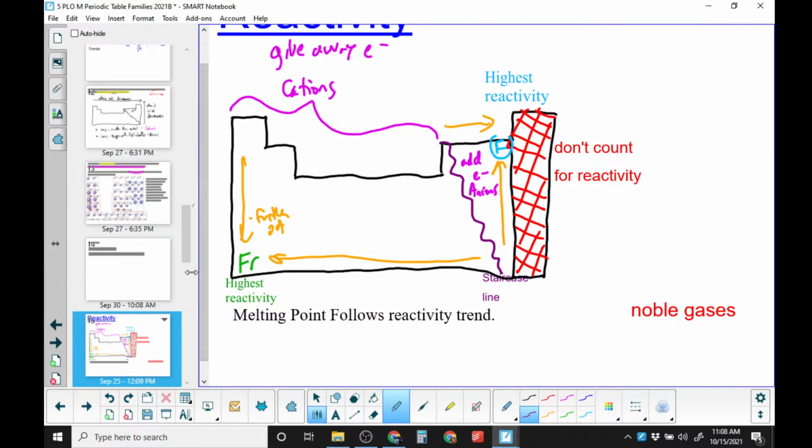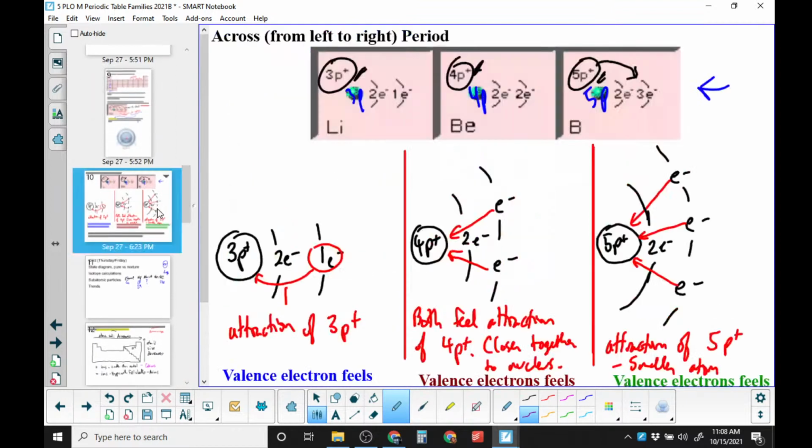It's only your first day in class, so not really fair. However, I'm going to go back to this. If you're going this way, what is happening to the amount of protons? It's decreasing.